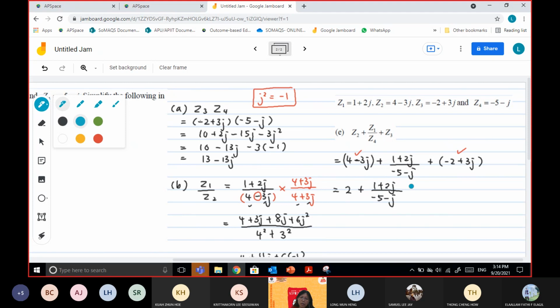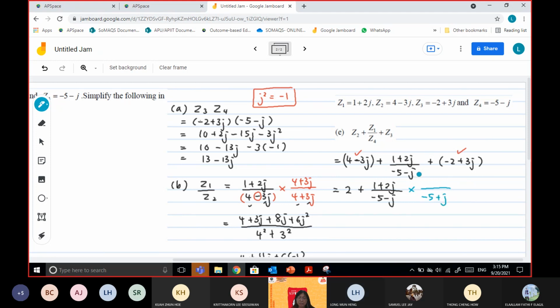Man Heng, can you tell me what should multiply here? -5, then plus j.